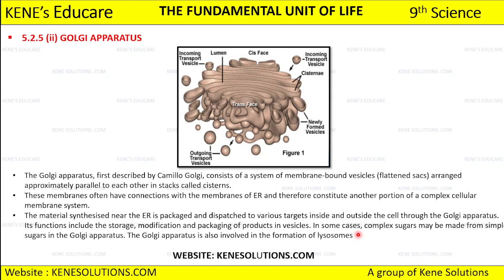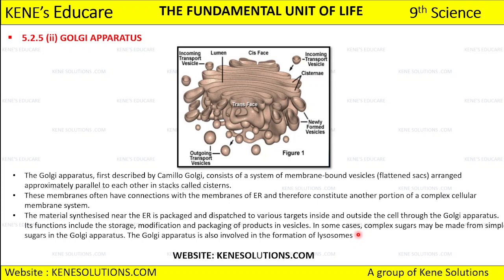Okay, so Golgi apparatus functions include storage. First of all, it is going to store these materials. Modification, so it is going to modify. Then packing of the product in the vesicle. Along with that, it is also going to pack the product inside the vesicle. And in some cases, complex sugars may be made from simple sugar in the Golgi apparatus. So suppose we have a simple sugar which is present in the Golgi apparatus.